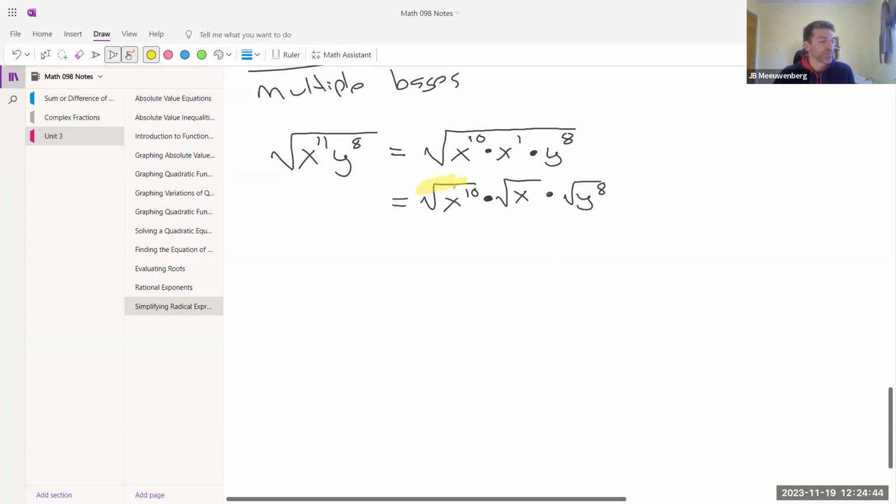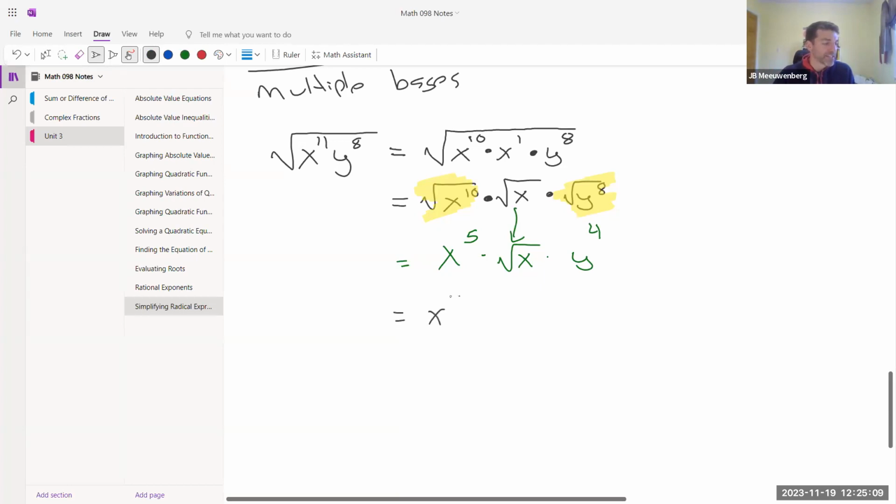These two are perfect squares. So let's take their square root. It's always going to be half of whatever your exponent is: x to the 5th and y to the 4th. This one just stays as the square root of x. The only thing we have left to do to clean this up is put this part at the end.